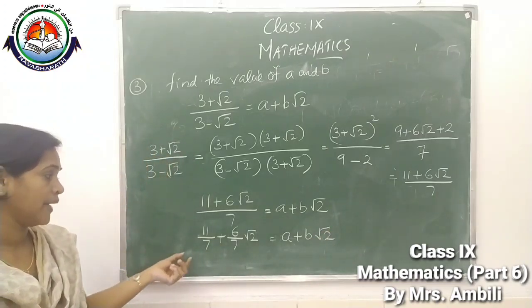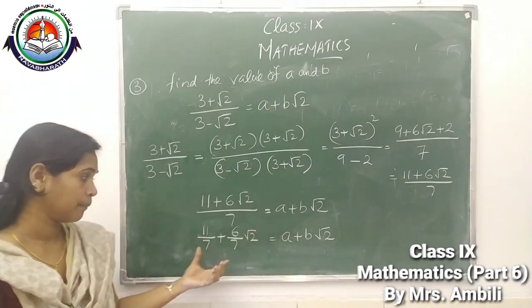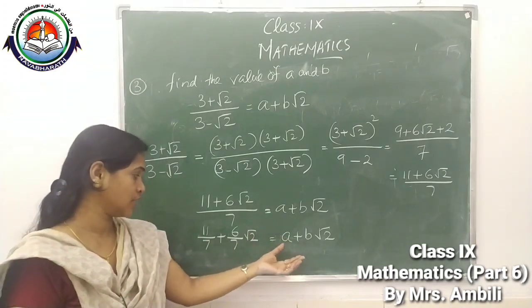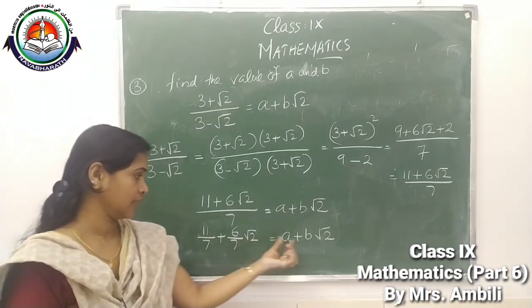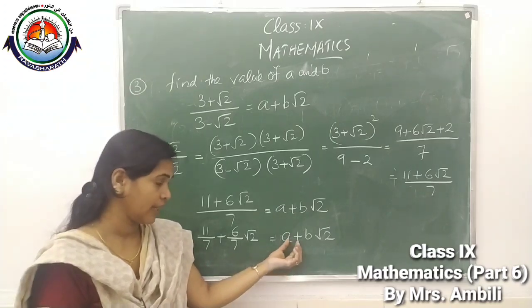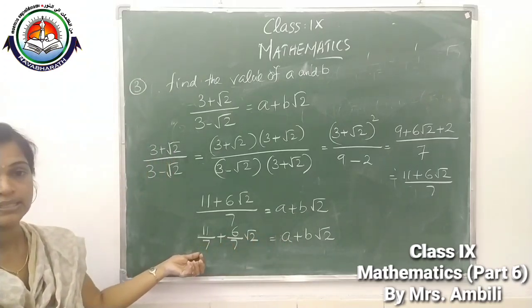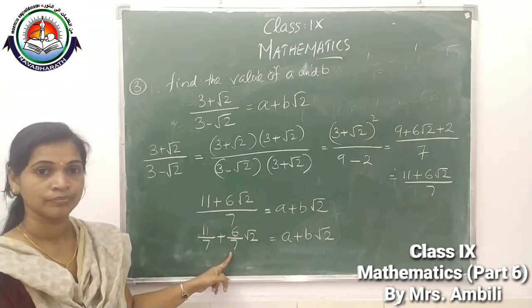Now compare this LHS and RHS. When comparing, one term is here and one term is here also, and root 2 is root 2. So what is a? 11 by 7. What is b? 6 by 7.